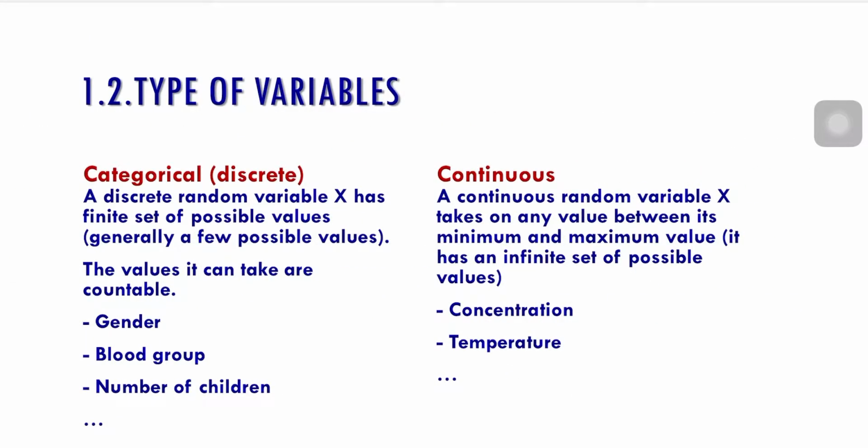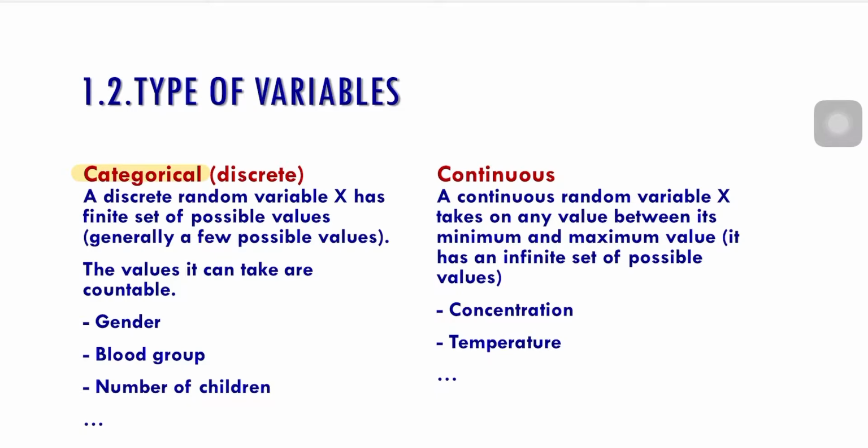As I mentioned, we have two types of variable. The first one is categorical or discrete, which has a finite set of possible values.